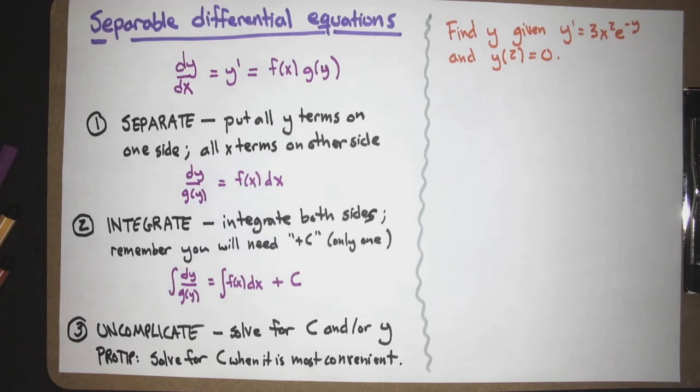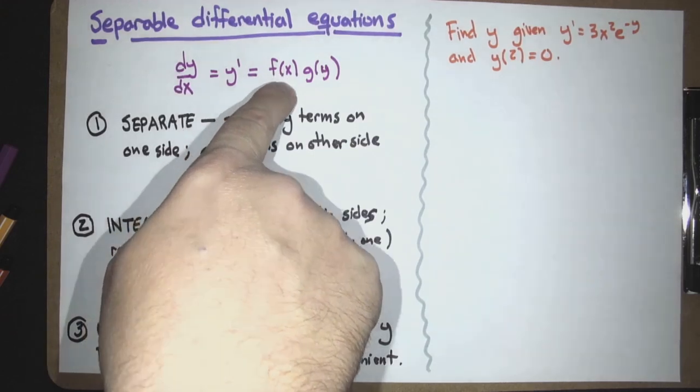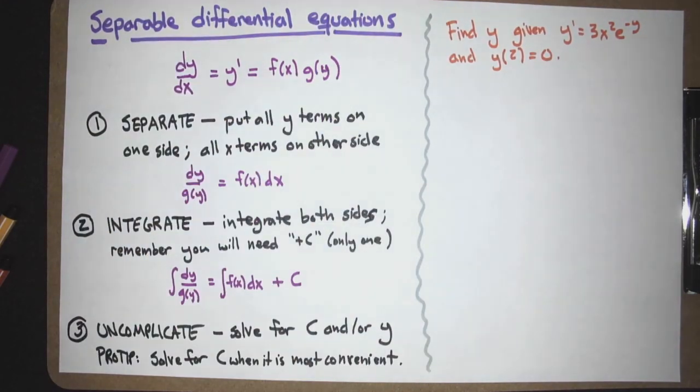So we have two variables. Often they're y and x, but there's nothing special about y and x. We can use any two variables we want. And we say, look, we want to solve for just y, the original function y. So we have y prime equals some function of x times some function of y. It's a 3-step process.